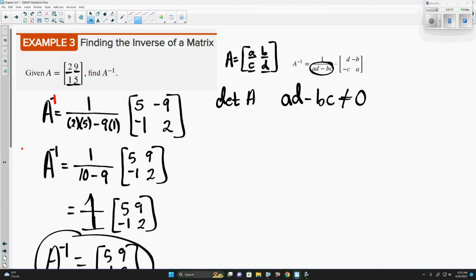This here is the determinant of A. The determinant of a 2 by 2 is this here. So if the determinant is 0, it is not invertible. It does not have an inverse. And that's true for a 3 by 3, any matrix. If the determinant of that matrix is 0, it's not invertible. It doesn't have an inverse.